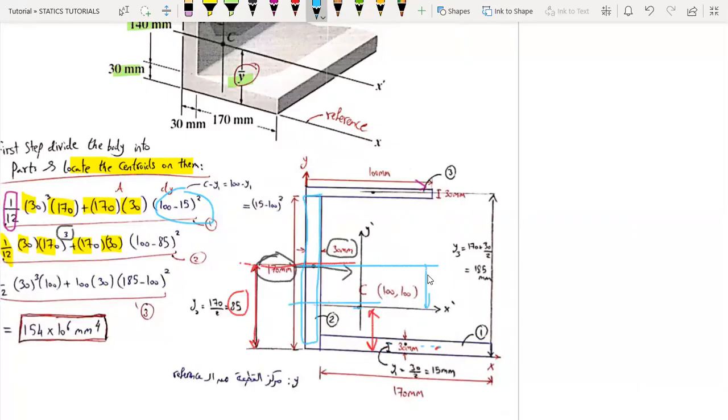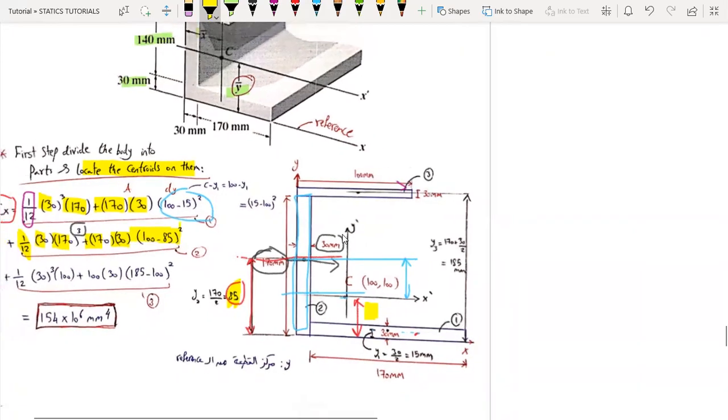So it will be 85 minus this distance, which is 100 millimeters. So 100 minus 85, squared. Of course, the diagram is not to scale.